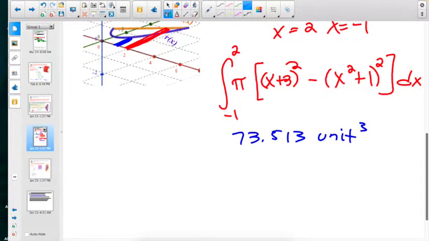What is it as a fraction? I'm having Tyler get this in terms of pi. So he got this answer with his F-int, and then he divided by pi and used the pi key, and he gets 117/5 times pi units cubed.